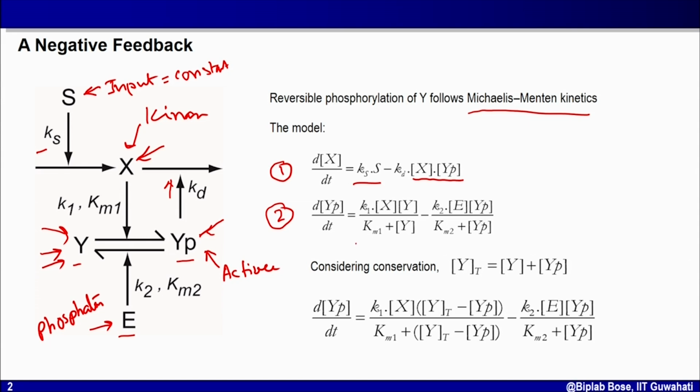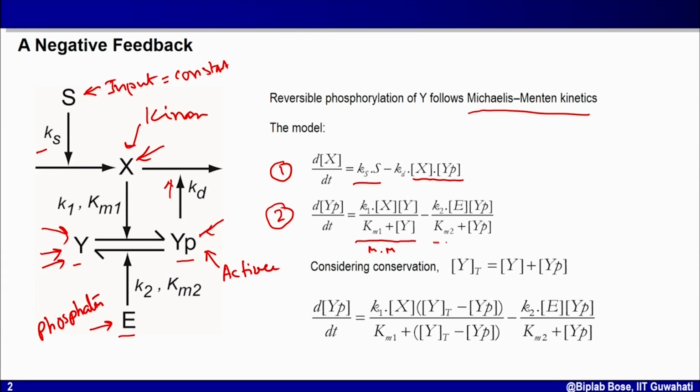That's why you have K1 rate constant into X. X is the enzyme here. Y is the substrate. Y is becoming YP. So K1 into X into Y divided by Michaelis-Menten constant Km1 for that reaction plus Y, the substrate concentration. So this first one is the Michaelis-Menten kinetics equation for the forward reaction from Y to YP.